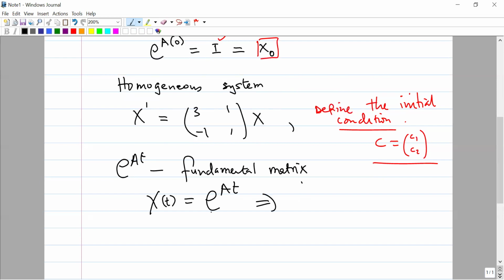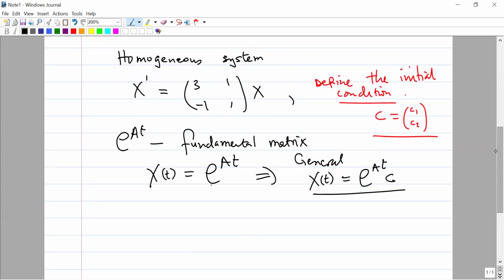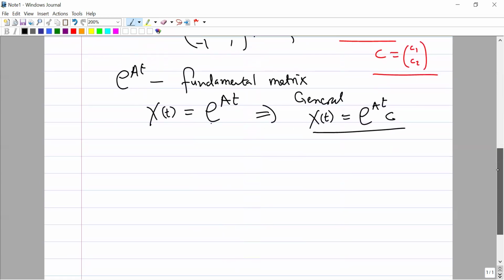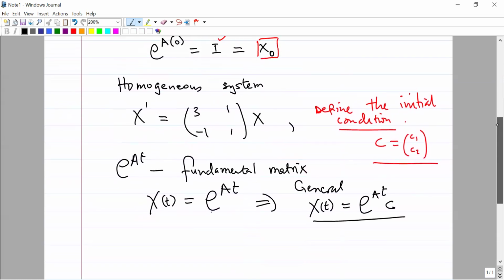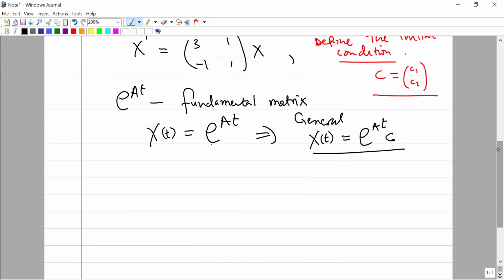And of course, in general, we then have x of t is e to the power At times c. That's the general solution of the homogeneous system. So we want now to solve this homogeneous system. We now rewrite it as x prime equals Ax, where our A is 3, 1, minus 1, 1.